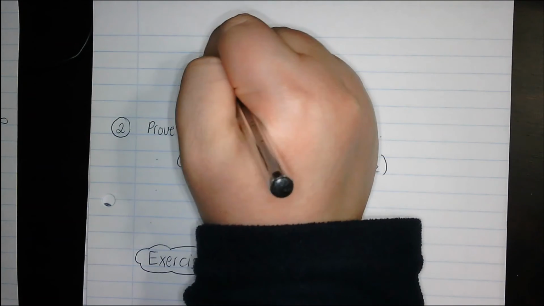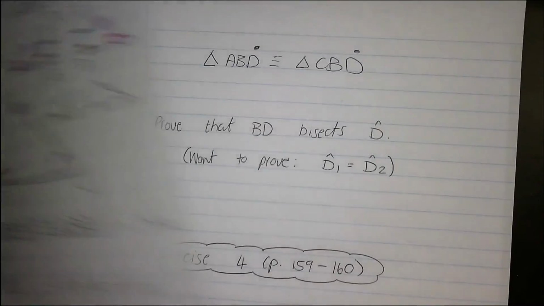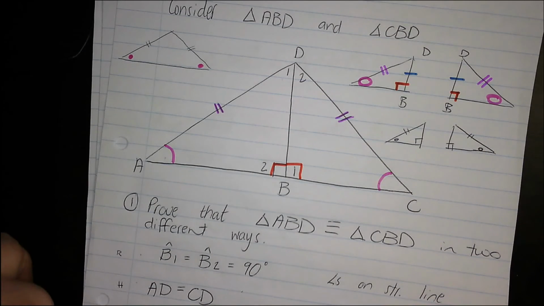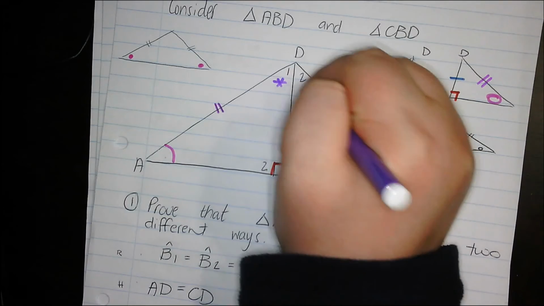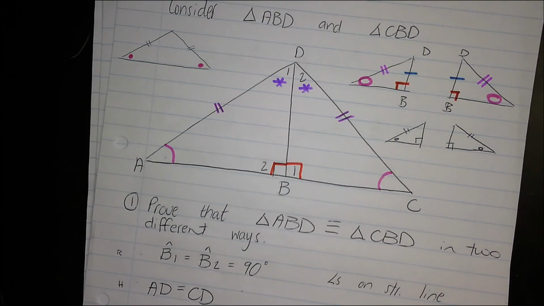Well, because we have that triangle ABD is congruent to triangle CBD, you know that angle D is equal to angle D. Okay, so we can actually say that angle D is equal to angle D because the triangles are congruent.